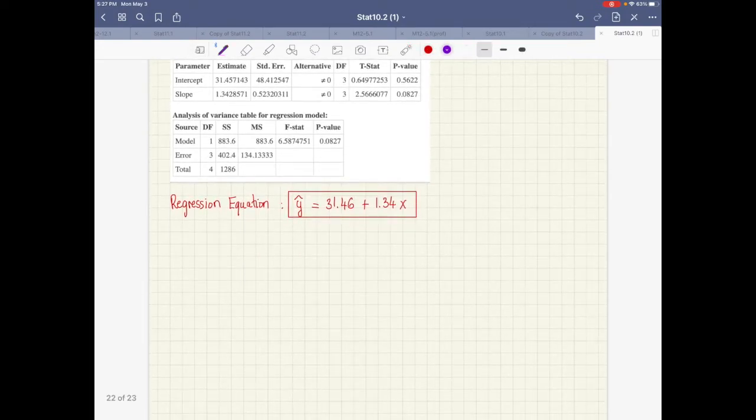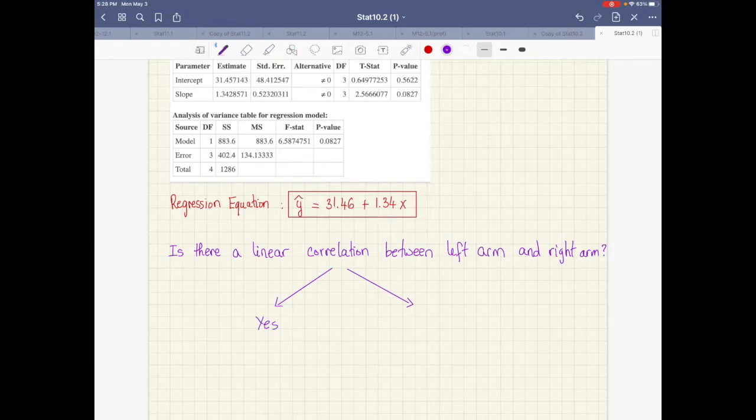So I'm going to ask myself, is there a linear correlation between left arm and right arm? And I need to answer this question. It's going to be a yes or no, right? If I answer yes to this question, then I will use this equation to predict my y value. If I answer no to this question, then I will use y bar to predict the y value.